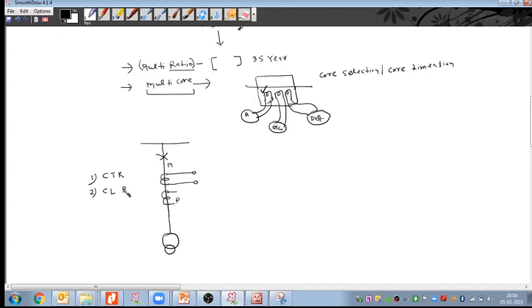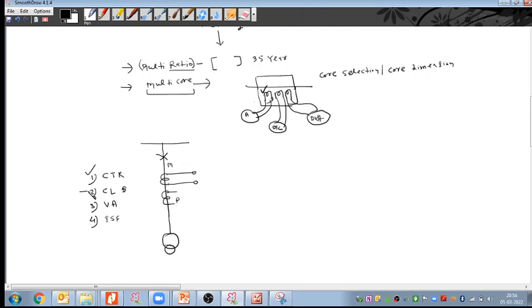The third parameter is the output VA burden, and the fourth parameter is the instrument security factor. So these four parameters we have to specify for this metering CT core.